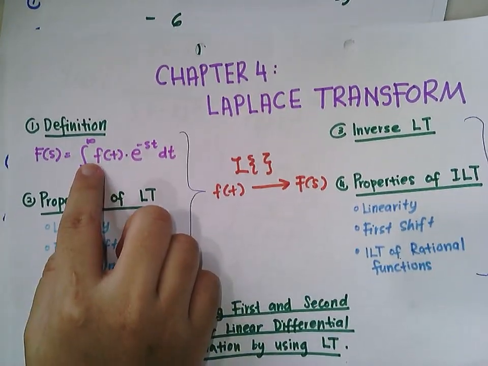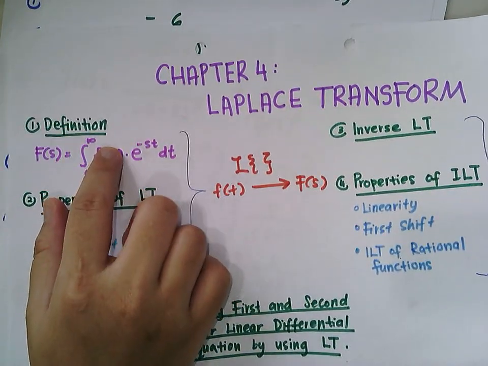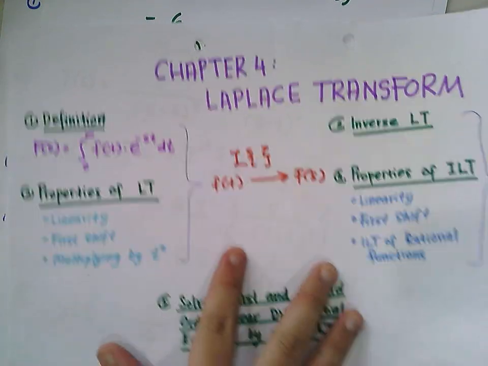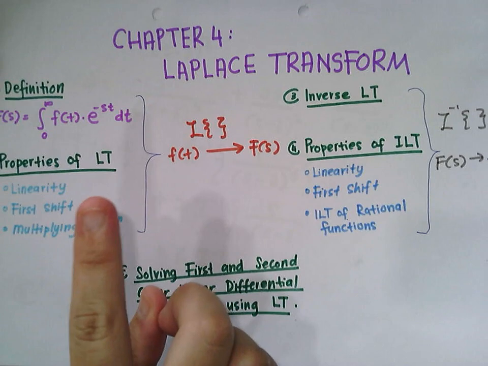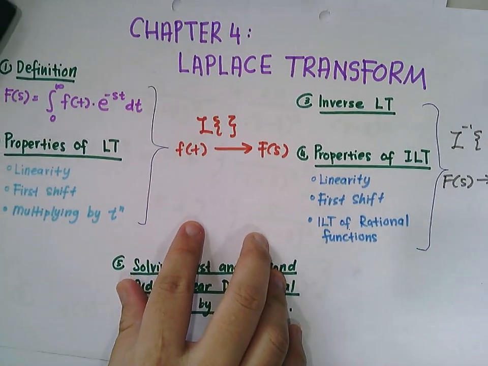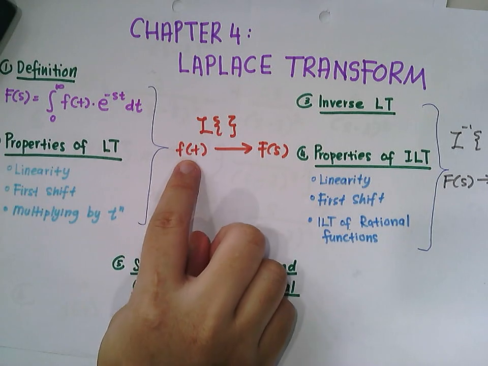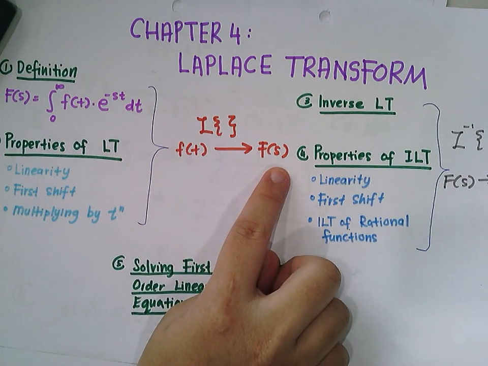Please just ignore this one, because we don't learn this one. The first thing that I taught you in this chapter is how to get the Laplace transform from ft to Fs by using the table.